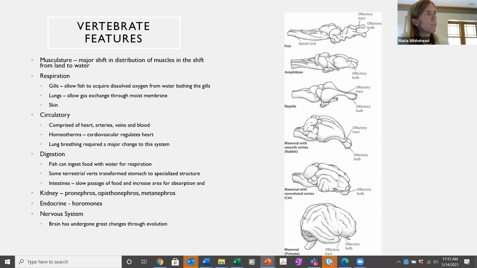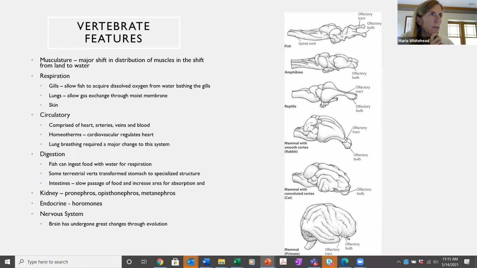The circulatory system is, of course, comprised of hearts and arteries, veins, and blood. What we see in homeothermic organisms is that really the homeothermy is maintained by the cardiovascular system and through the heart.